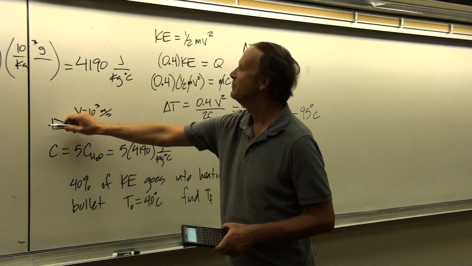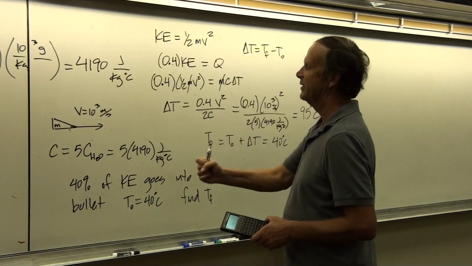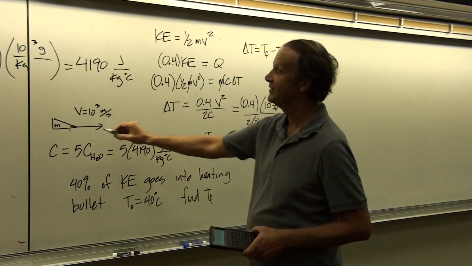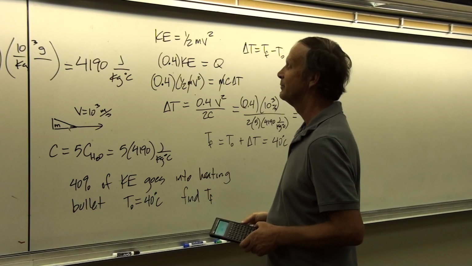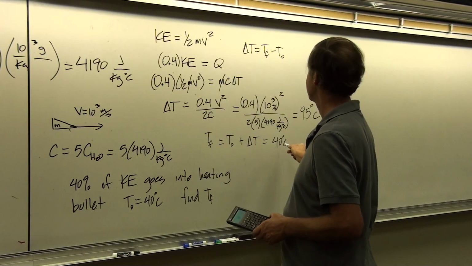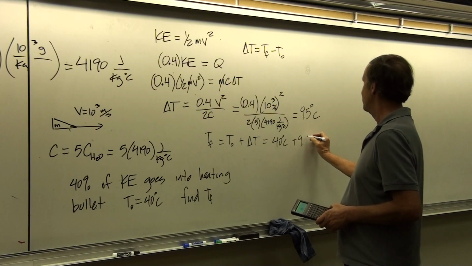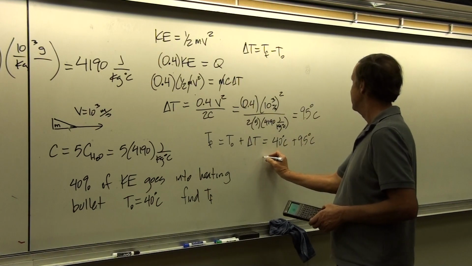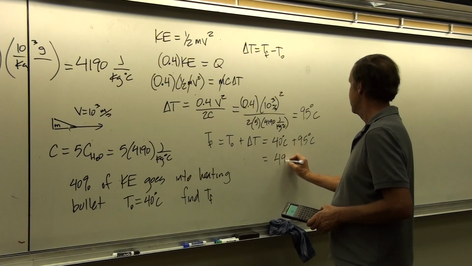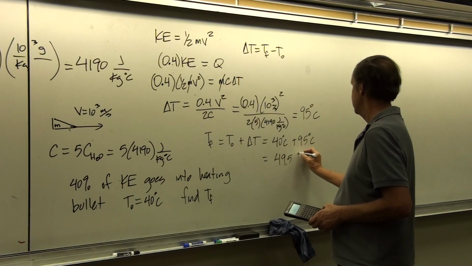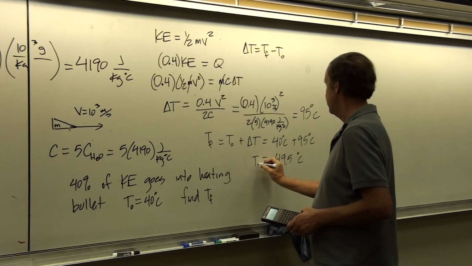It's going to experience a big explosion, and then it's going to feel friction as it moves through the barrel. So we'll just assume that it starts out at a pretty high temperature, and then we'll add 9.5 degrees centigrade to it. That would be 49.5 degrees centigrade. So that would be T final.